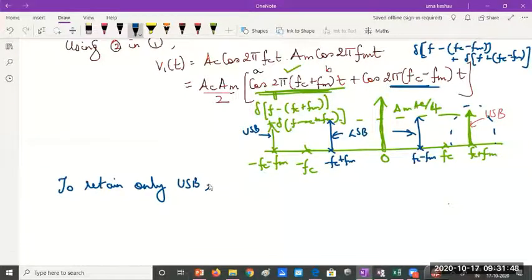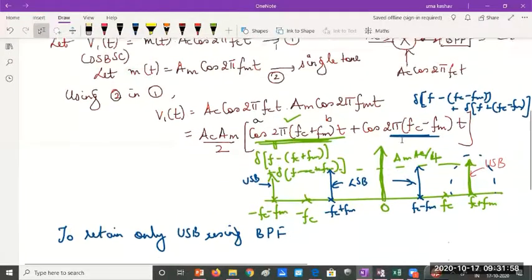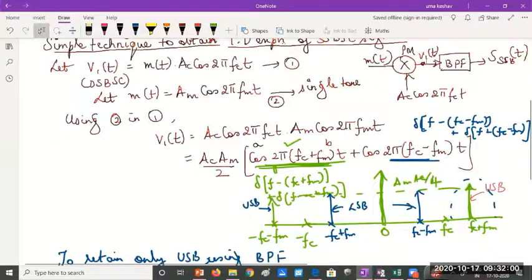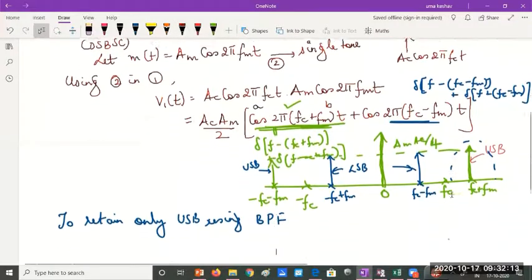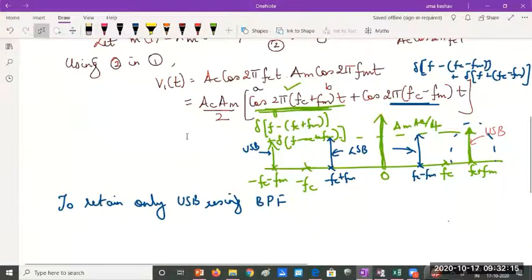So, using a band pass filter, we have drawn the band pass filter here. I showed you the diagram. After multiplication, I'll use a band pass filter to filter out one required sideband, because I'm interested in generating a single sideband signal.